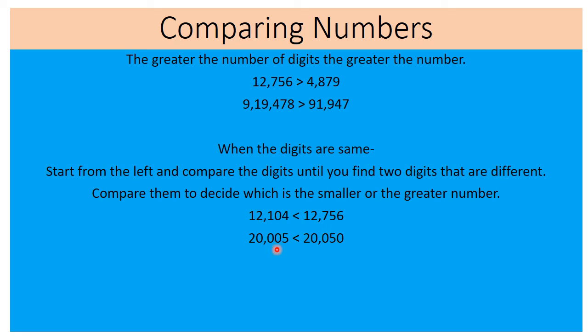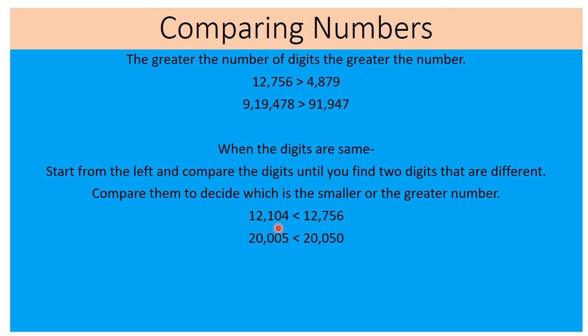Now the next two numbers which I have taken for comparison are 20,005 and 20,050. If we start the comparison from the left side, here we have 20,000, and here we also have 20,000. The hundreds place digit is 0 here, and it is also 0 here, so till the hundreds place both are similar.